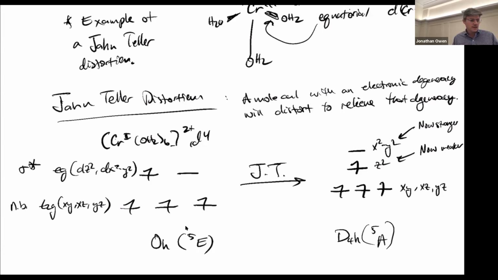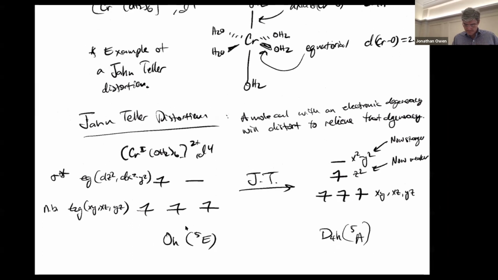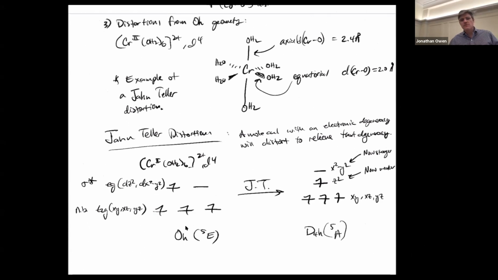So that's a quintet A. So the distortion, the stretching along that bond, changes the energy of the z squared and the x squared minus y squared levels, and it eliminates that degeneracy.